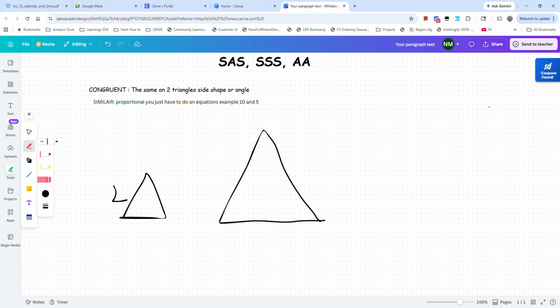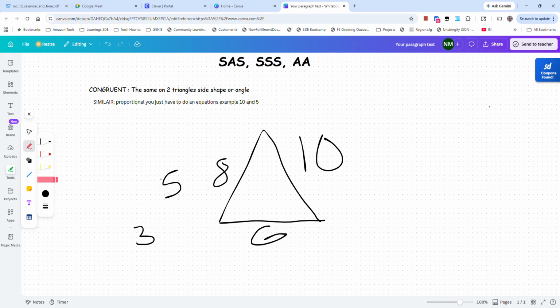So let's say that's 2, 4. Let's make that 4. Let's make that 8. Let's make that 5, 10, and 3, and 6.